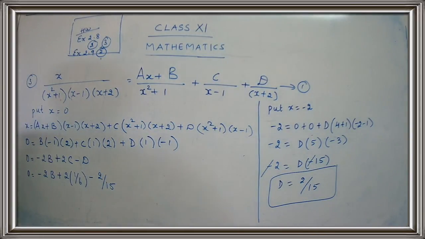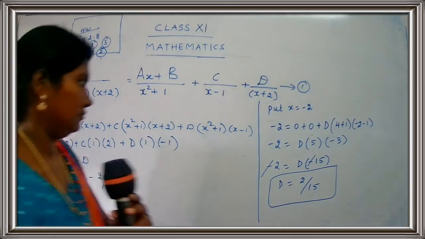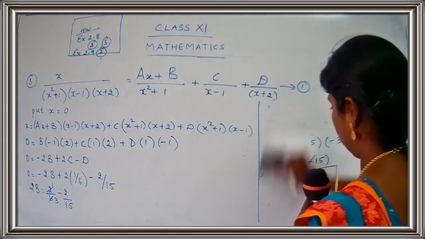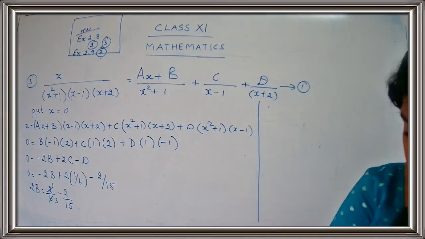Okay, children, let us simplify this. So what do you get here? So 0, I'll just bring this 2b to this side. So 2b is equal to 2 by 6 minus 2 by 15. This is a lengthier sum, yes, children.